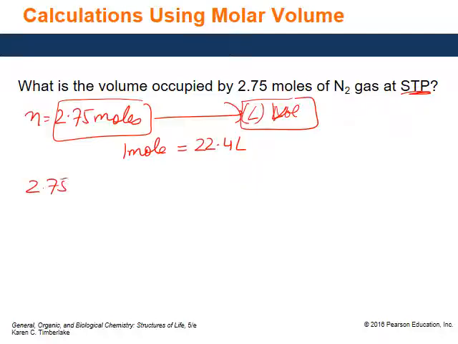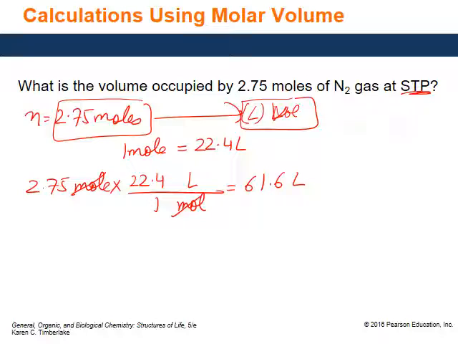We start with what is given, 2.75 moles. To cancel mole, I divide by mole, multiply by liters. 1 mole is 22.4 liters. So mole and mole are cancelled. My final answer is in liters. If you plug this into your calculator, 22.4 times 2.75 gives you 61.6 liters.